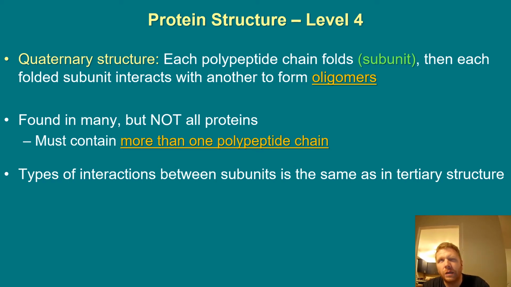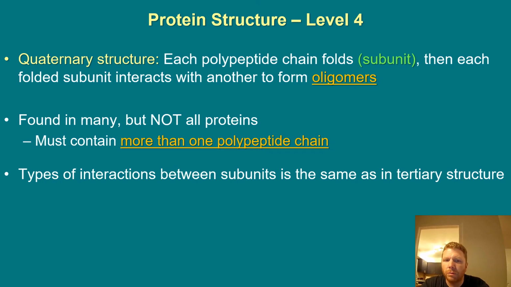Now, the tricky thing about quaternary structure is not every single protein is going to have a quaternary structure, and the reason for that is your quaternary structure consists of multiple polypeptides folding together. So not every protein is going to have a quaternary structure because not every protein is going to fold as part of a complex with other proteins.